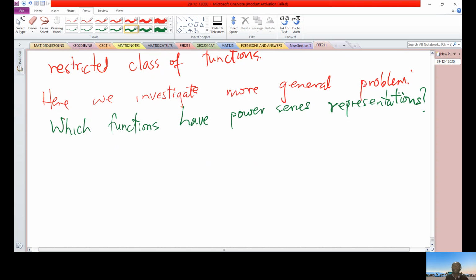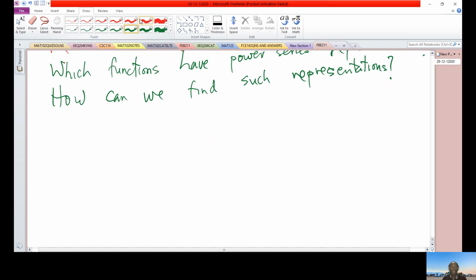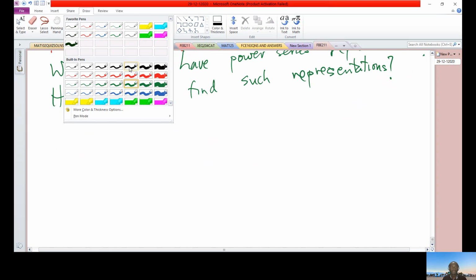Which functions have power series representations? And another question that we want to answer is how can we find such representations? So these are the big problems that we need to answer.